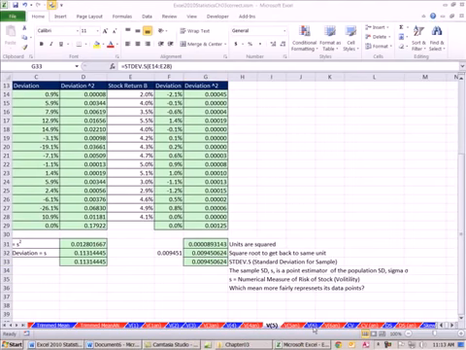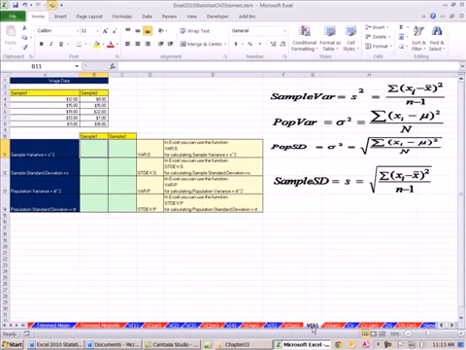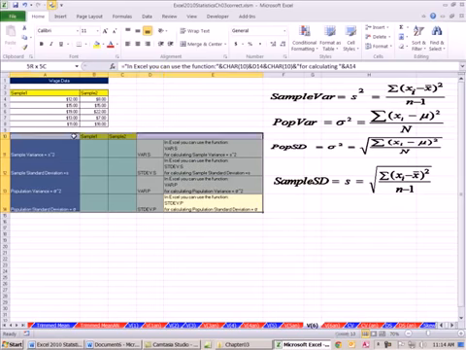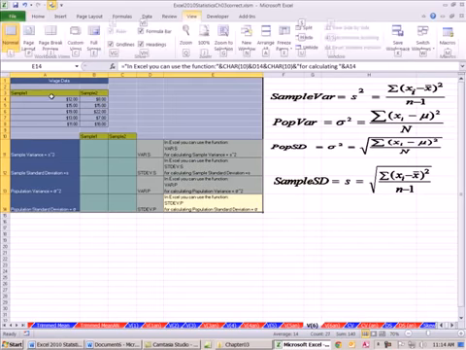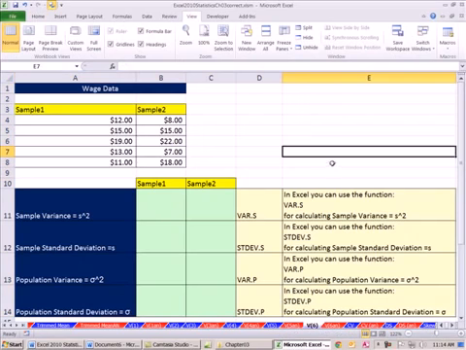Now I want to go to this sheet V6. And on V6, I just want to compare the calculation for population standard deviation and sample. Here are our formulas. And I'm going to zoom in on this over here. And I'm actually going to do something really terrible here.